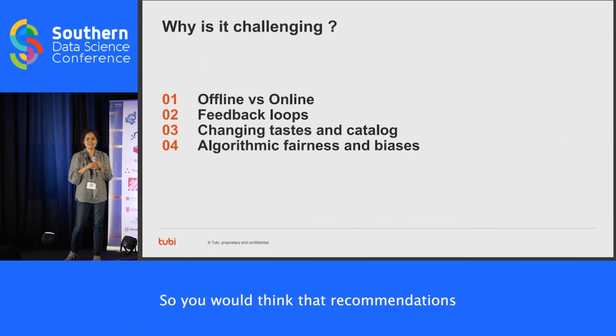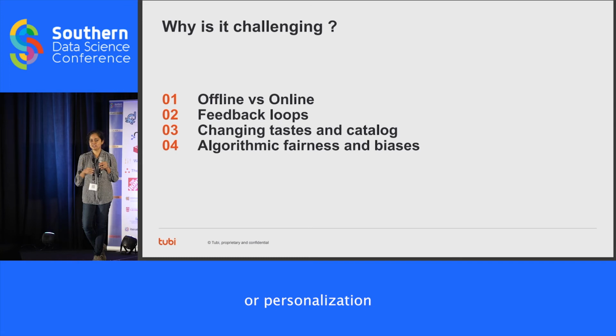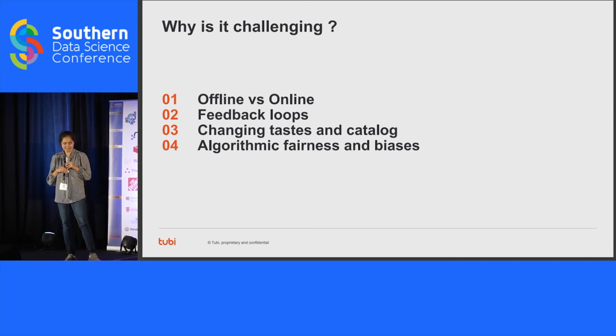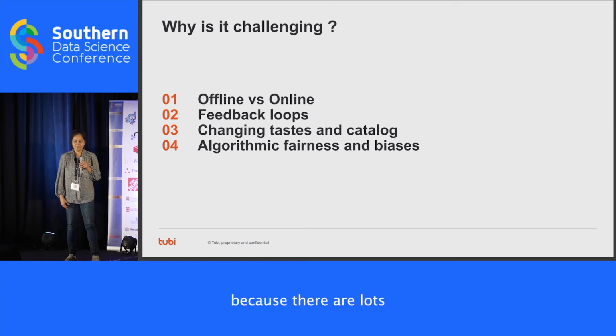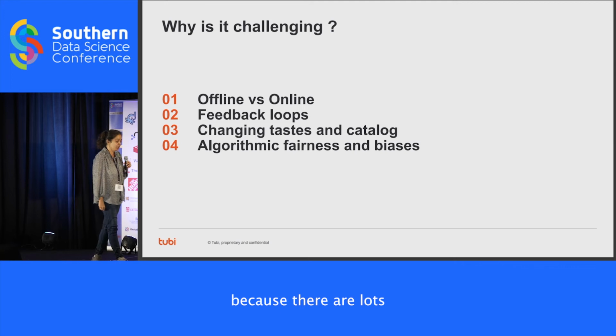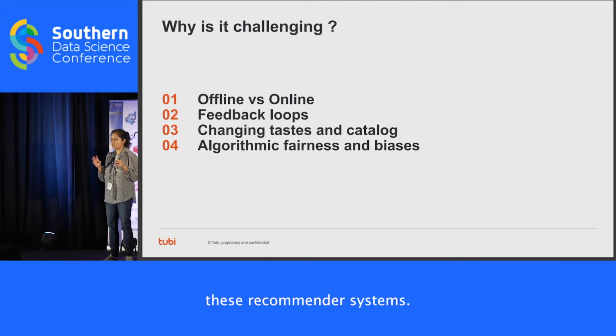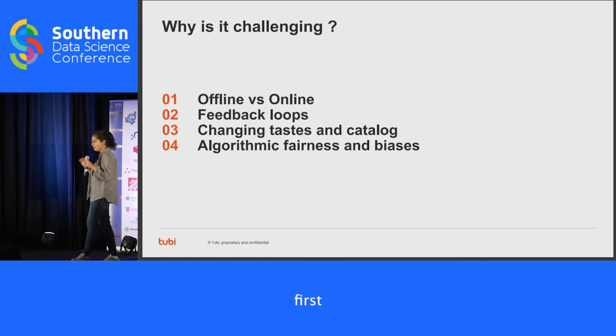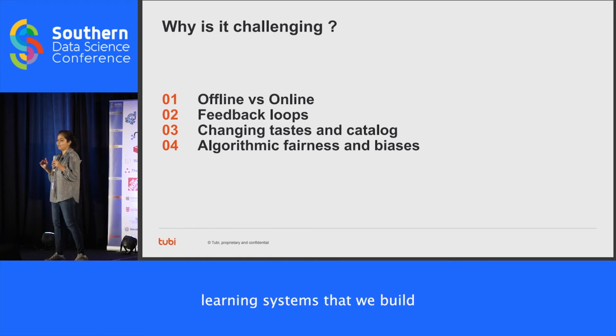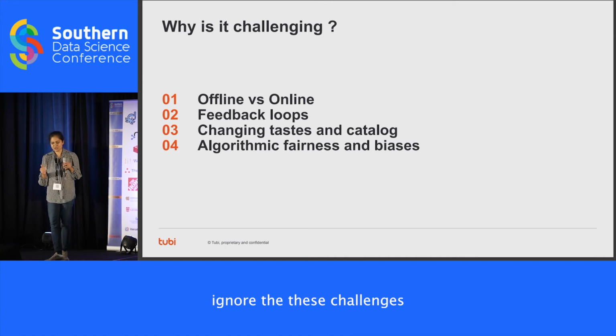So you would think that recommendations or personalization is a solved problem. But it's not actually a solved problem, because there are lots of challenging nuances that we need to consider when we are building these recommender systems. The first or second generation of machine learning systems that we built ignored these challenges and only focused on the problem of accuracy.